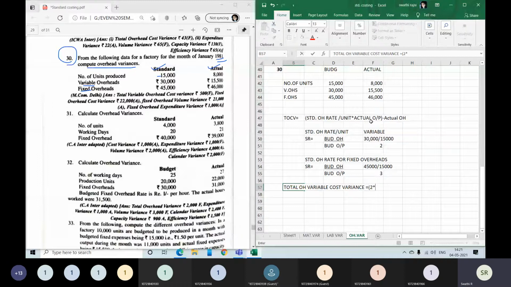Into, what is the actual output? Actual output for both is the same, 8,000. Minus, now we are finding variable, what is your actual variable overhead? 15,500. Find out.